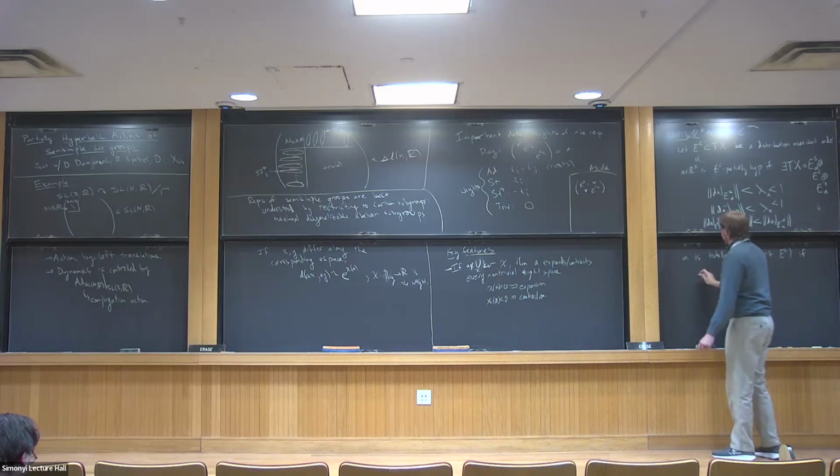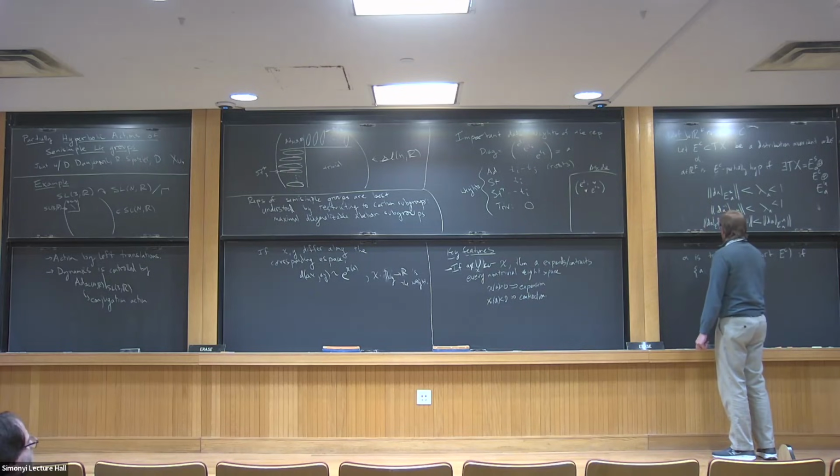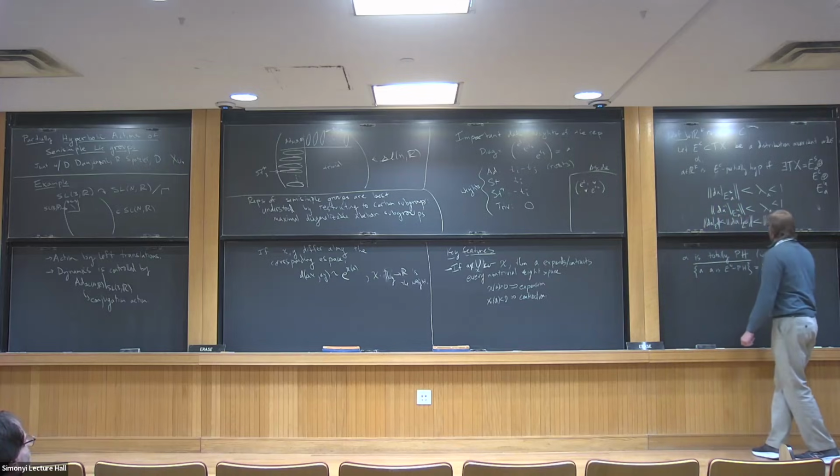If the set of A's such that A is EC partially hyperbolic is dense in R^k.